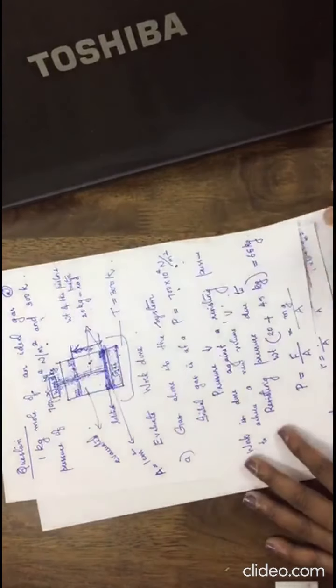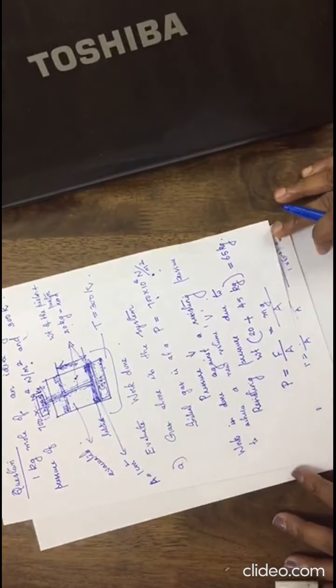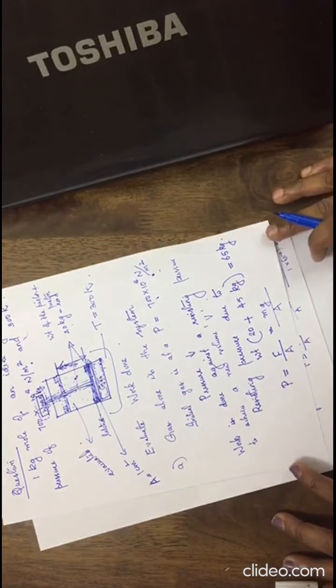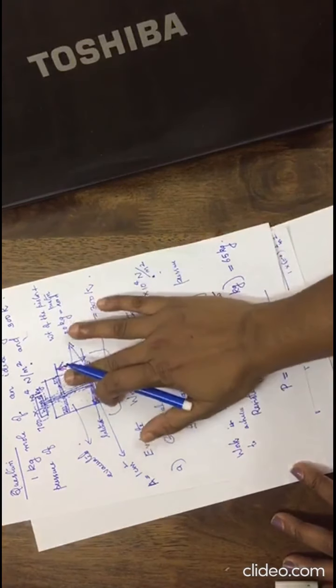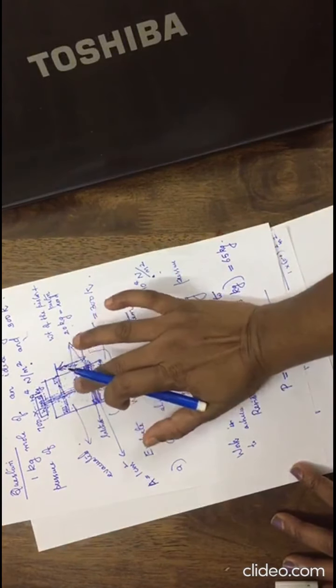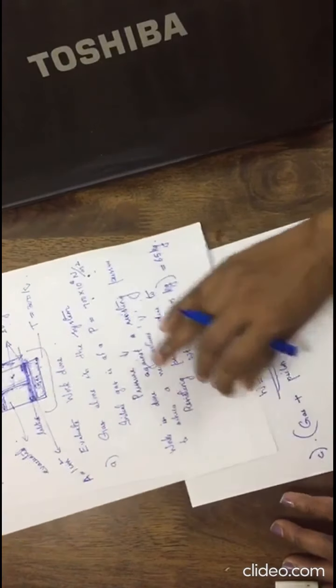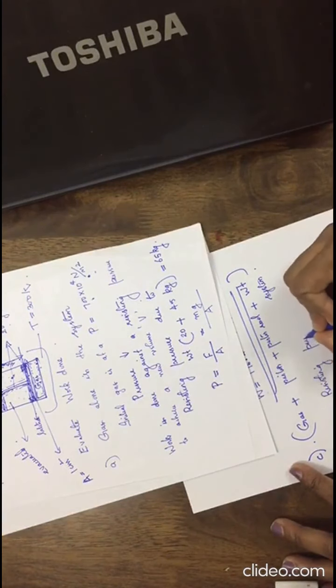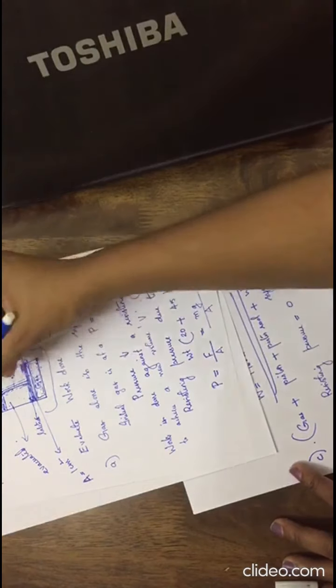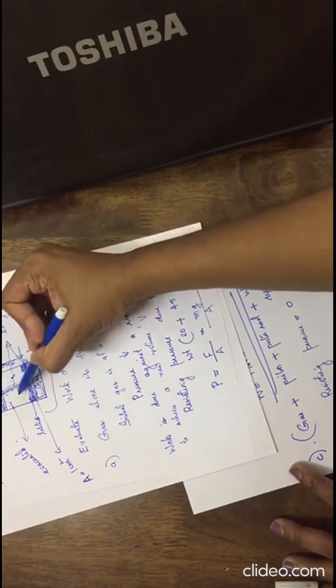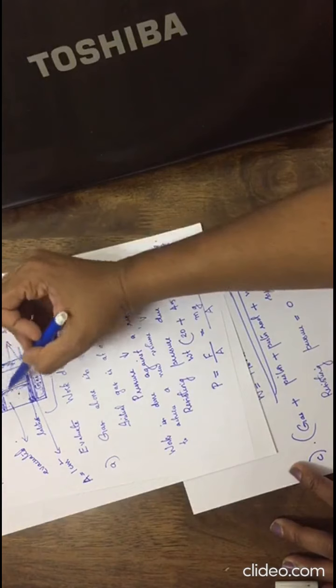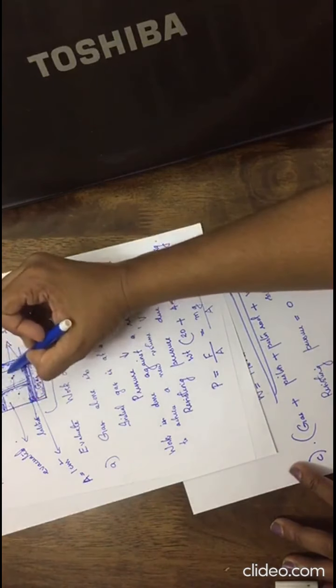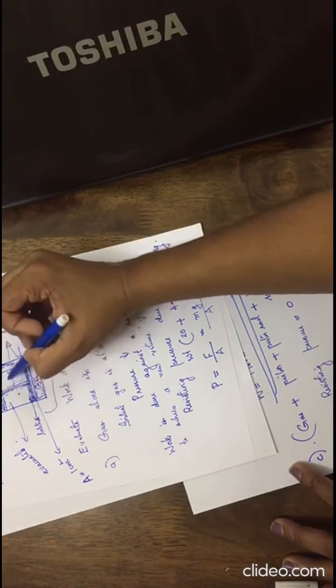So is there any existing external pressure? There is no resisting pressure. So in the third case, the resisting pressure is 0. So why is the resisting pressure 0? Because behind the piston it is evacuated. There is no air, no atmospheric pressure.